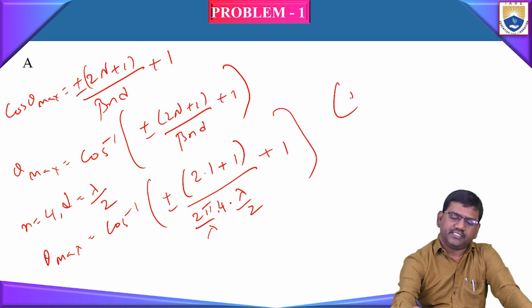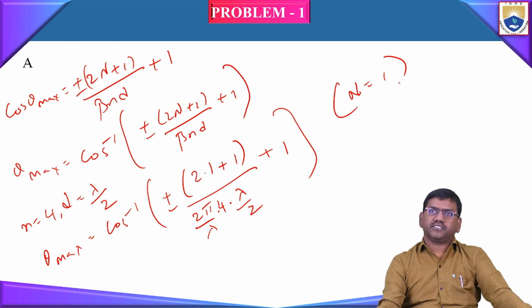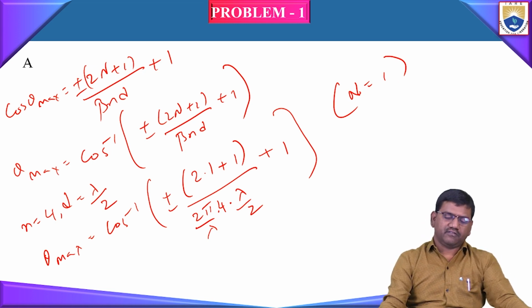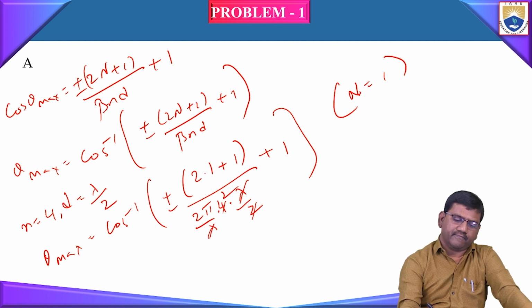Let us take N as 1, for the first maxima. Here λ gets cancelled. 2 ones, 2 twos. So 2 plus 1 is equal to 3. So 3 by 2 plus 1 you will get.